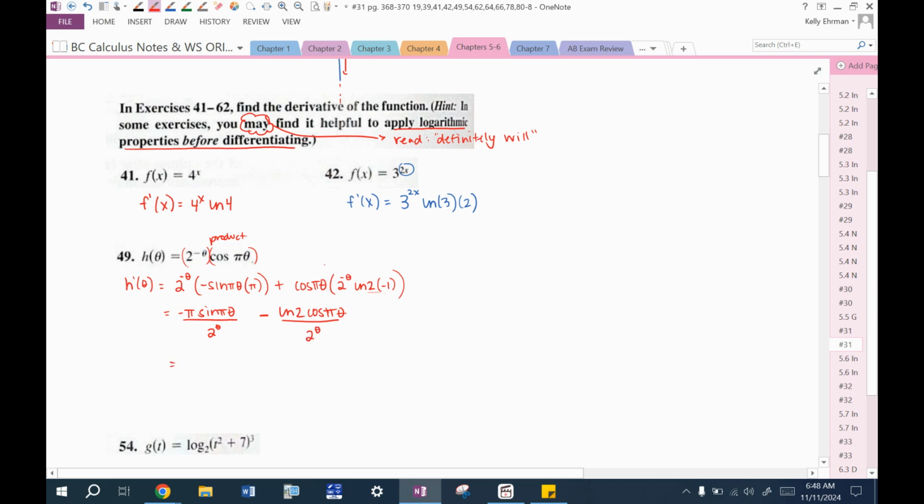And yeah, I could have said I'm factoring out a 2 to the theta, or put these all over the same common denominator. There's nothing really, maybe a negative, I guess, to factor out of the top, so I'm just going to leave it like this. All right, so that's my answer for 49.